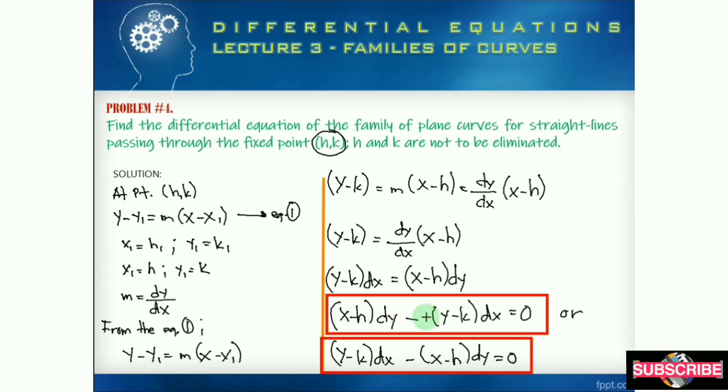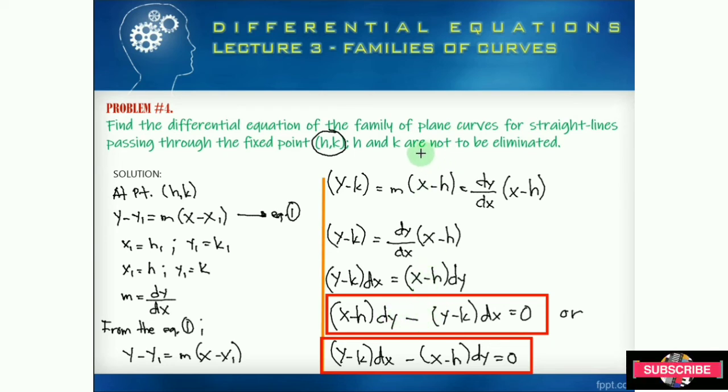This is the differential equation for the straight lines passing through this fixed point hk, where our h and k are not to be eliminated. As you can see, our h and k are not being eliminated, because that is what is asked in the problem. But if it is not indicated, you have to go through the solution that I presented in previous problems to eliminate the arbitrary constants, the h and k, and also the r in case of a circle.